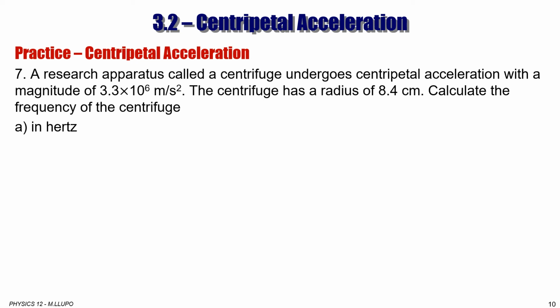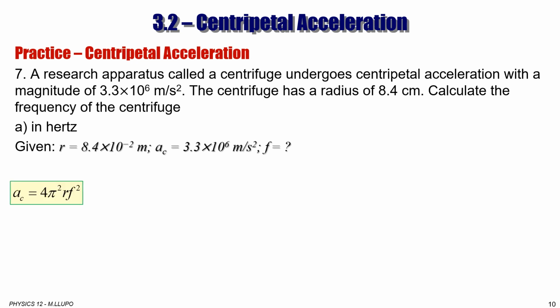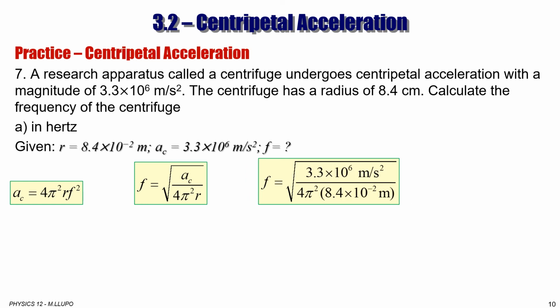Calculate the frequency of the centrifuge in hertz, so 1 over second. We can use the formula that involves frequency, which is a_c equal to 4 pi squared r f squared. So you can solve for f, which is the square root of a_c over 4 pi squared times r.